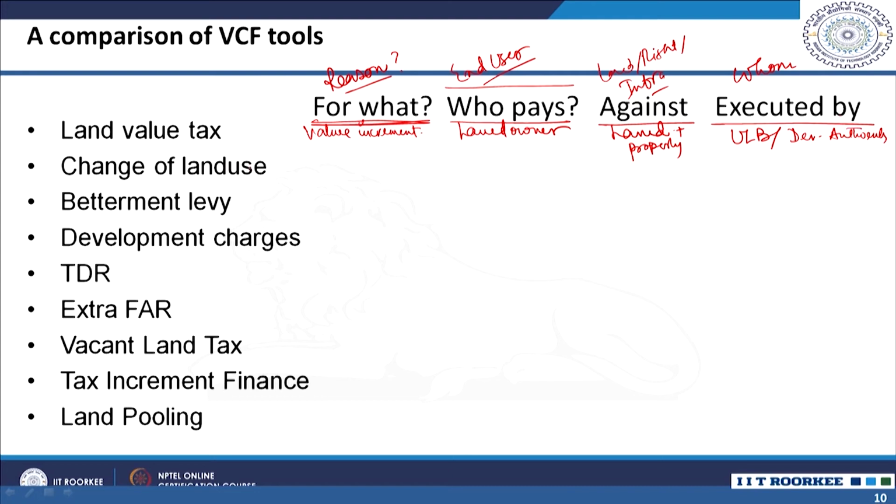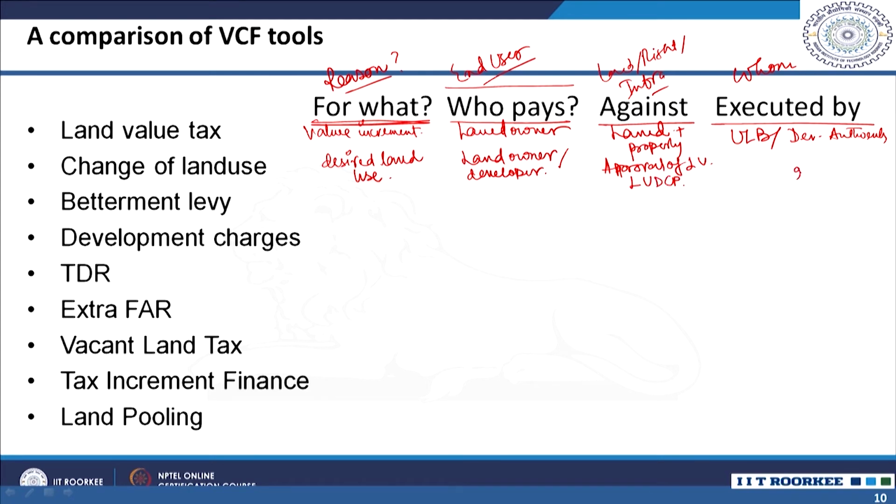For the change of land use, we are basically giving an additional amount of money because of the desired land use. Who pays? Here also it is paid by the landowner, in some cases the developer, and it is given against the approval of land use based on the land use and development control plan for that city.